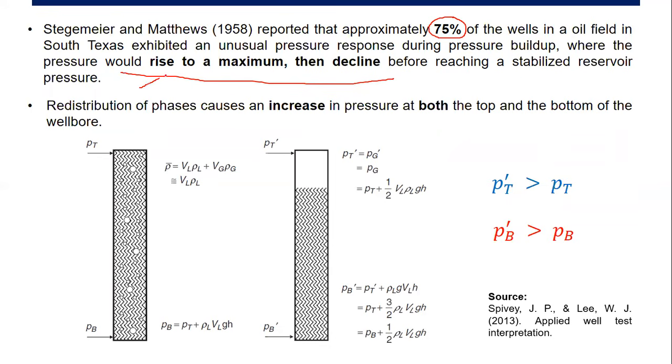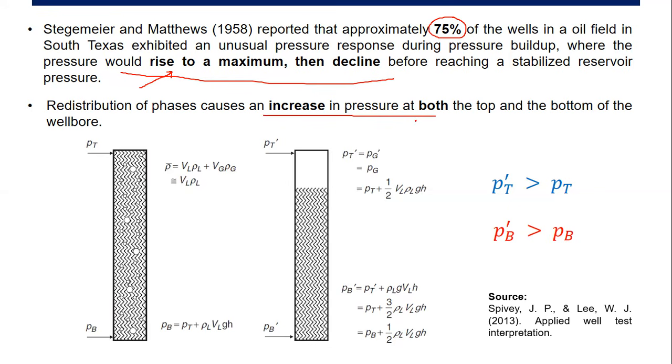So the pressure will rise to a maximum value and then it declines. Redistribution of phases causes an increase in pressure at both the top and bottom of the wellbore.